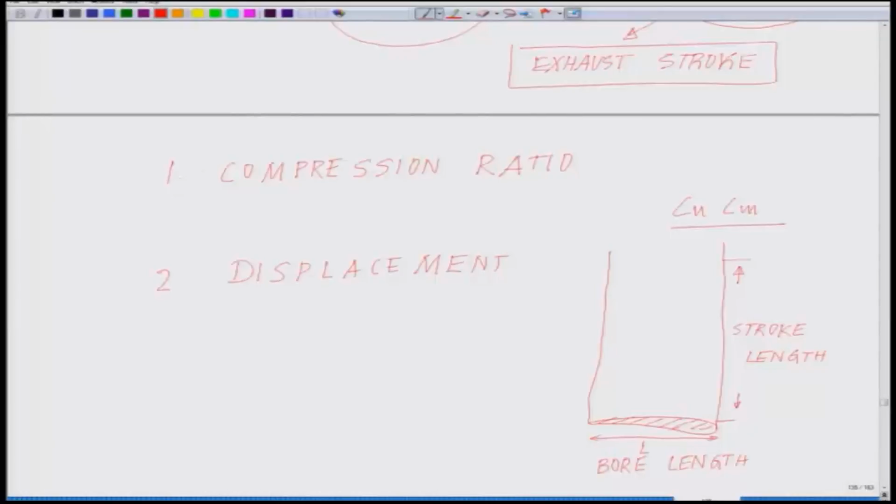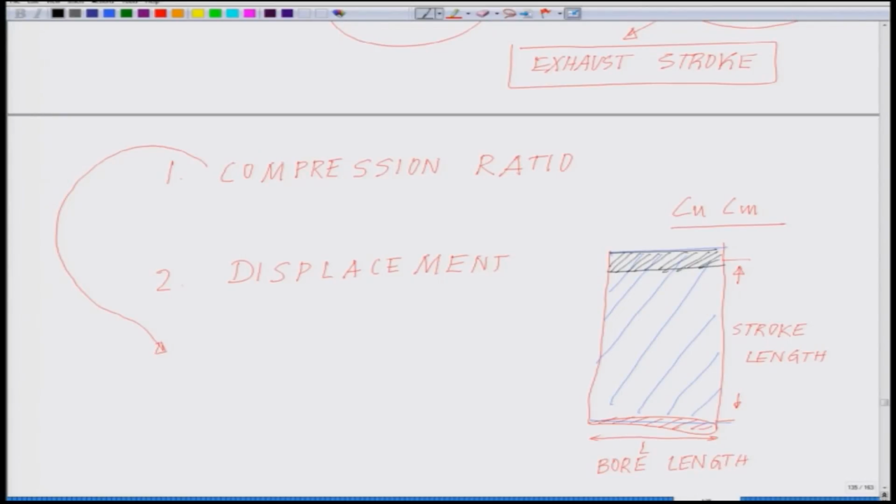Now, talking about the compression ratio, this is very important. Say for example, if this is the size of the vessel, initially it is filled completely with the air fuel mixture. When you are compressing it, how far can you compress it without it getting self ignited because of the thermal agitation?